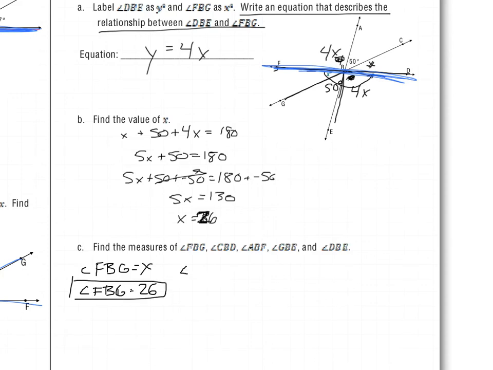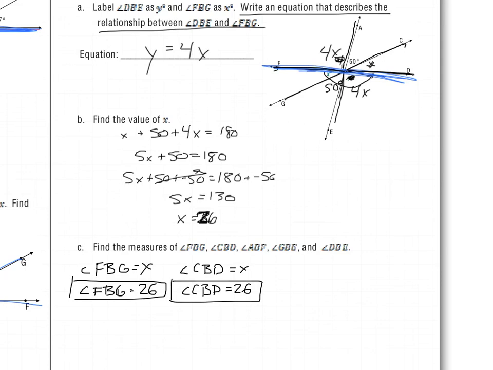Angle CBD. We labeled that one as also equal to x because it was vertical. So angle CBD is equal to 26. Looking through the next one, angle ABF.